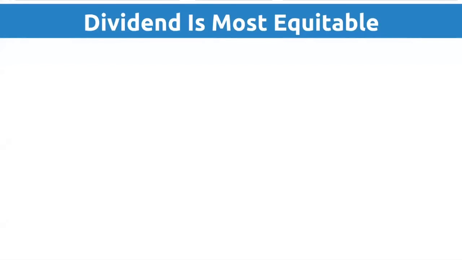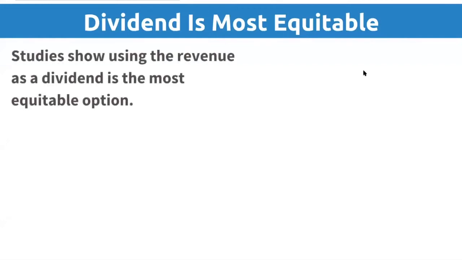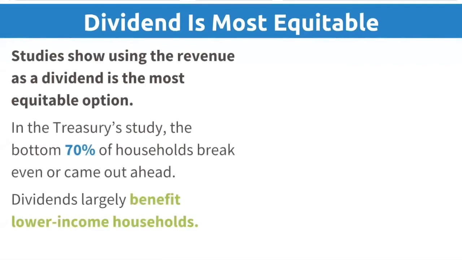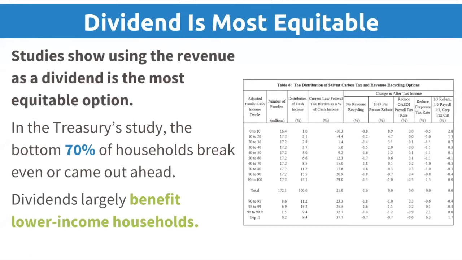The bottom 70% of households generally break even or come out ahead. Their dividend equals or exceeds the increased cost of energy and products. And this is an Office of Tax Analysis, Treasury Department study. The dividend is progressive. It disproportionately benefits lower income households.